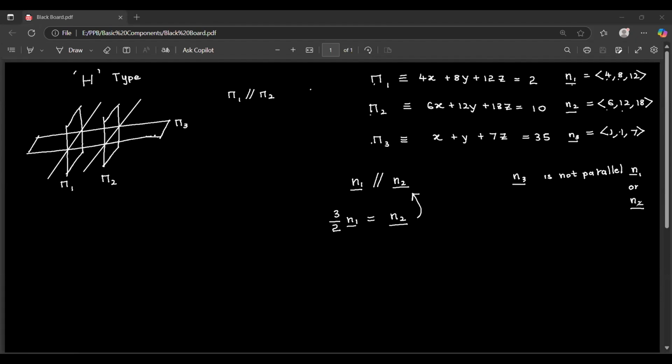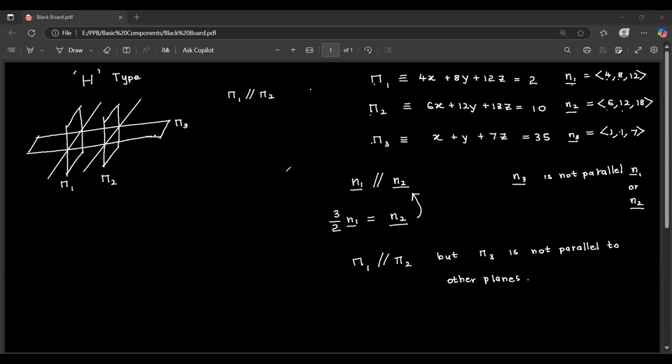Now you can clearly see that two planes are parallel to each other and one is not. From this, we can say pi 1 is parallel to pi 2, but pi 3 is not parallel to the other planes.